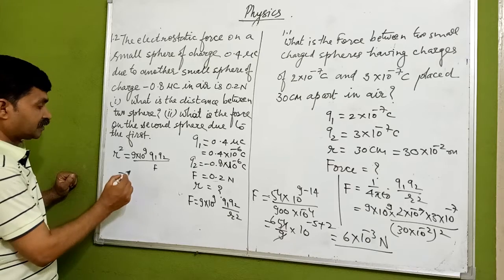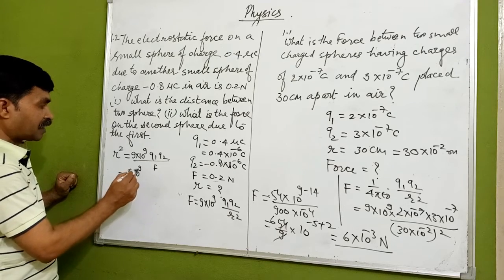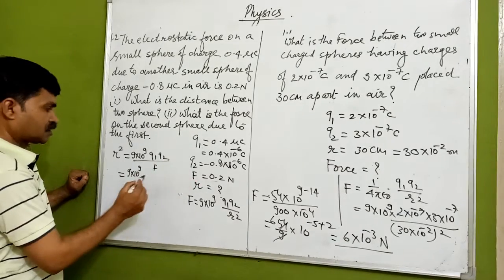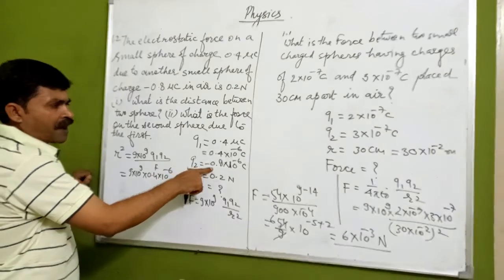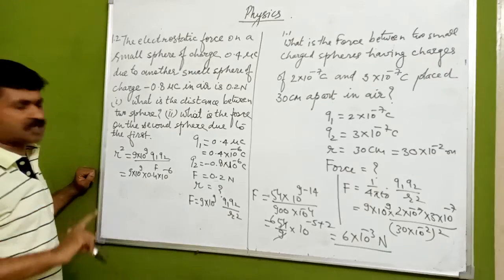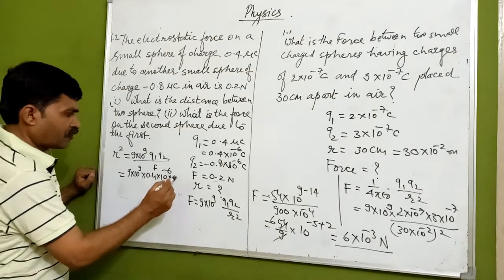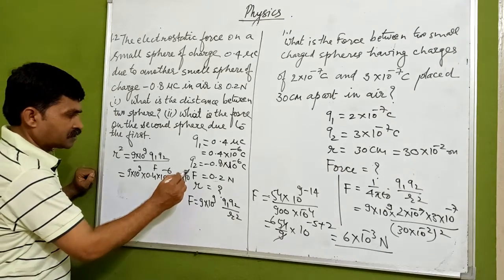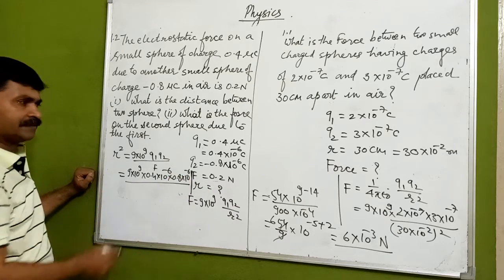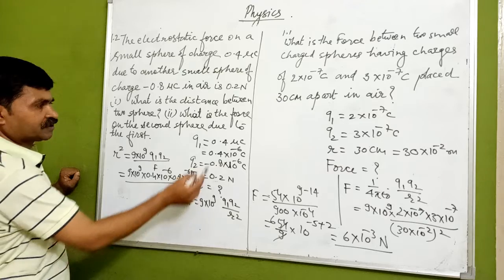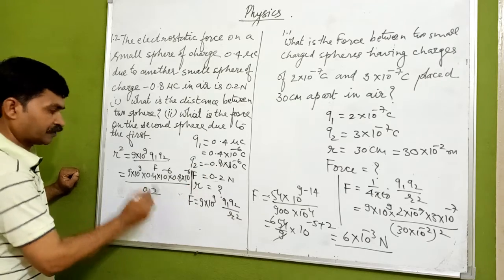So we go with this 9 into 10 raised to the power 9, Q1 is this 0.4 into 10 raised to the power minus 6, and Q2 is 0.8 into 10 raised to the power minus 6. The minus sign is indicating the nature of the charge, so we take only the magnitude. We are taking it here, divided by this force which is given to us, that is 0.2 Newton.